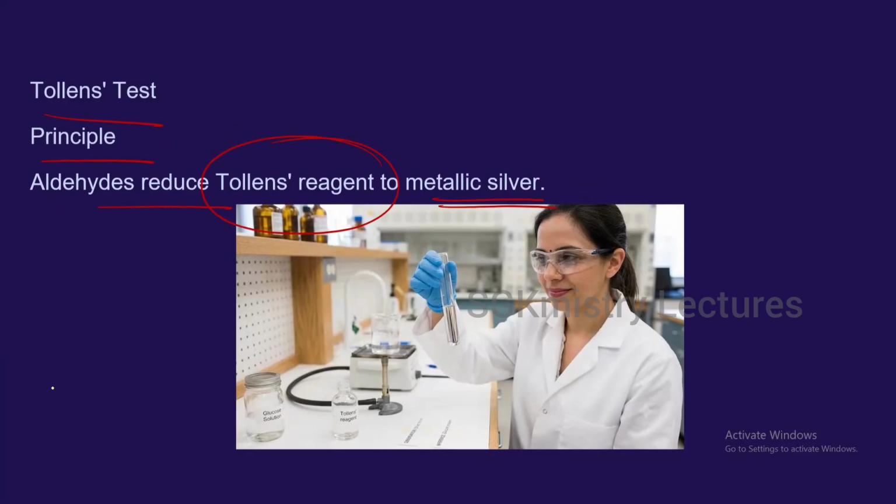So already we have written the reaction for glucose, where we can see that the CHO group was oxidized to COOH group. So similarly, we have the same reaction, RCHO. Now we are talking only about the aldehydes in specific. So in the presence of heat, you're going to warm it, right? So you're going to get RCOOH. So the aldehyde is getting oxidized. Along with that, you're going to get the silver.